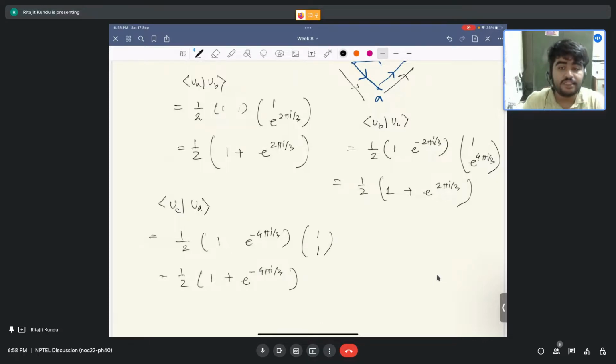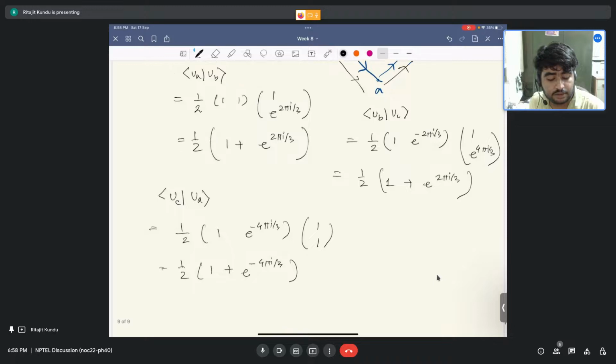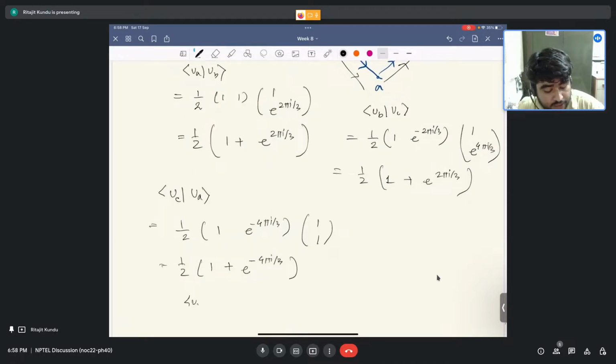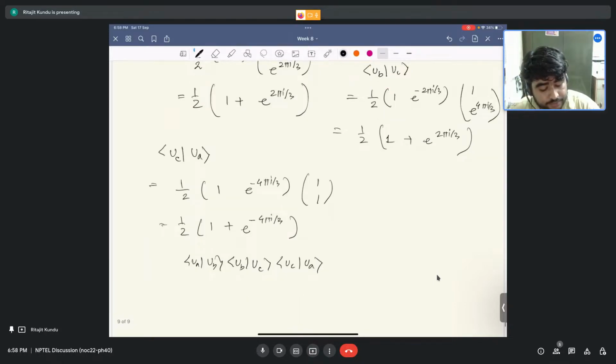Now I have these three components, so I can plug all of these things in: UA UB, UB UC, and UC UA. Now let us write these things.